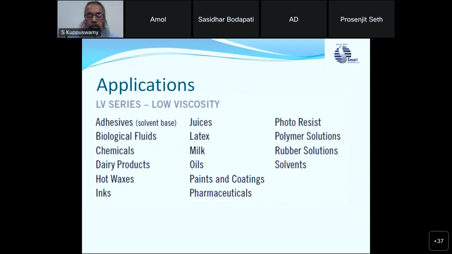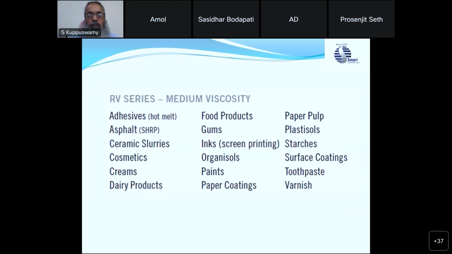RV torque range. Next slide. RV torque range viscometers are used in adhesive industry, asphalt industry, ceramic, cosmetics, creams, dairy products, paint industry, starch, paper, pulp, toothpaste, varnish, and many more. Next slide.